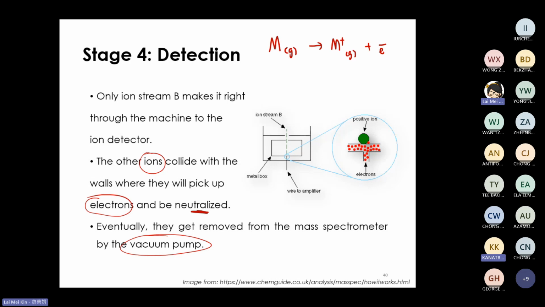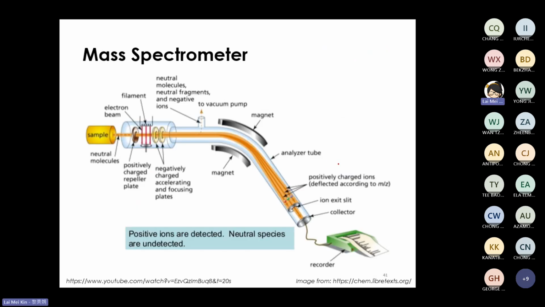Those that are detected will hit and form a mass spectrum. So this summarizes the mass spectrometer. It can only detect cations, according to mass over charge ratio. Positive ions are detected, others are not.